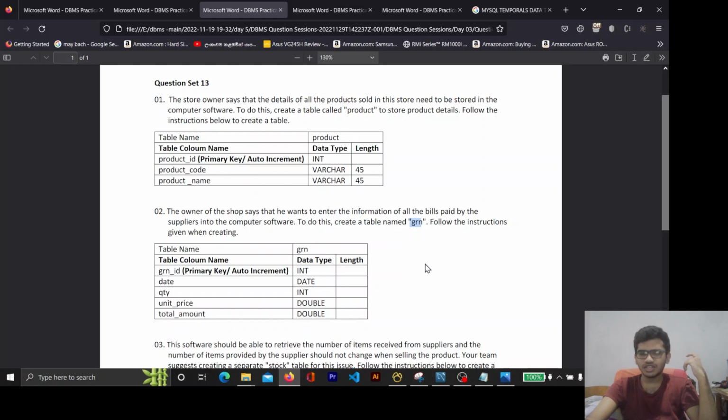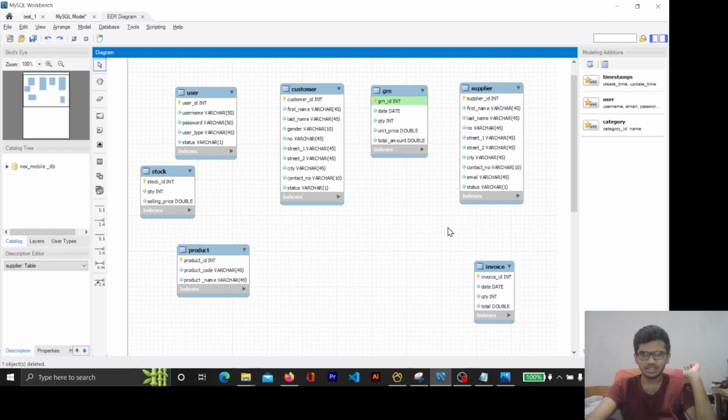So one goods received note is received by one supplier, and one supplier can have multiple goods received notes. That's the main logic.